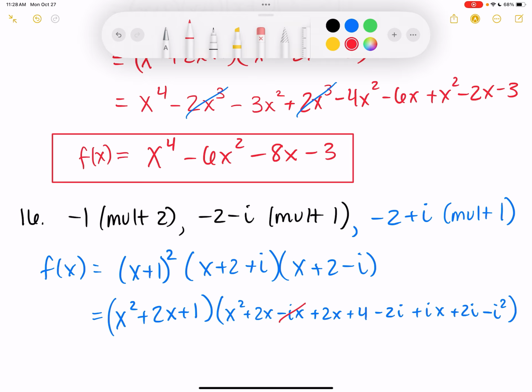Minus ix and plus ix cancel, negative 2i and plus 2i cancel, negative i squared turns into a positive 1. So I've got x squared plus 2x plus 1 times x squared plus 4x plus 5.